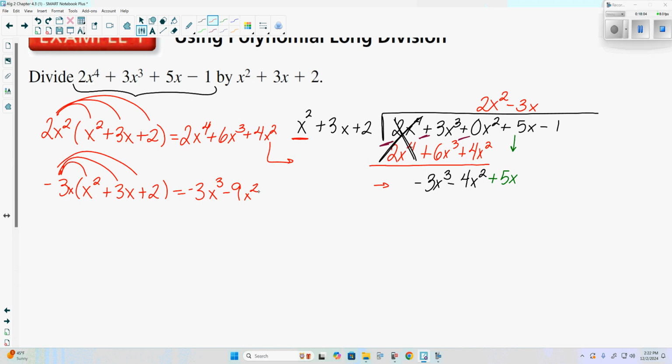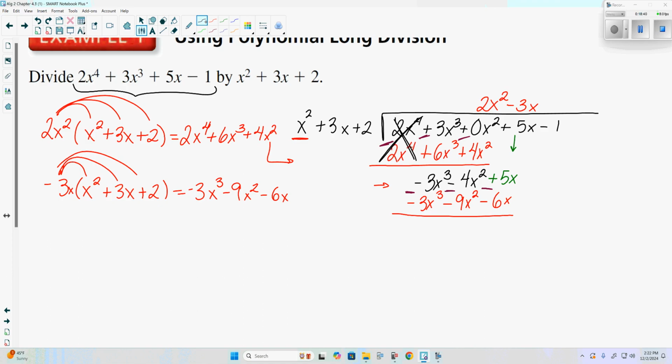And negative 3x times 2, negative 3 times 2 would be negative 6x. We put it underneath. And again, we're going to subtract. Questions on any of this here so far?